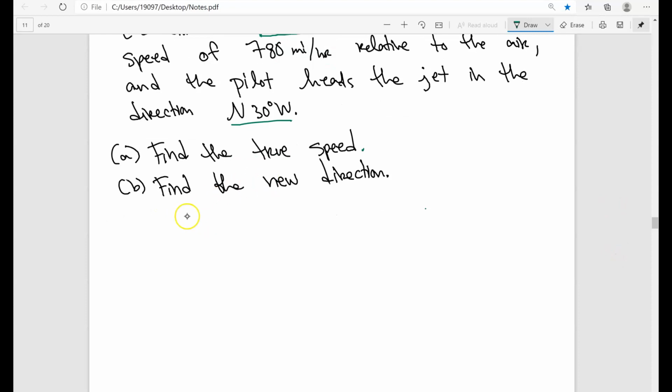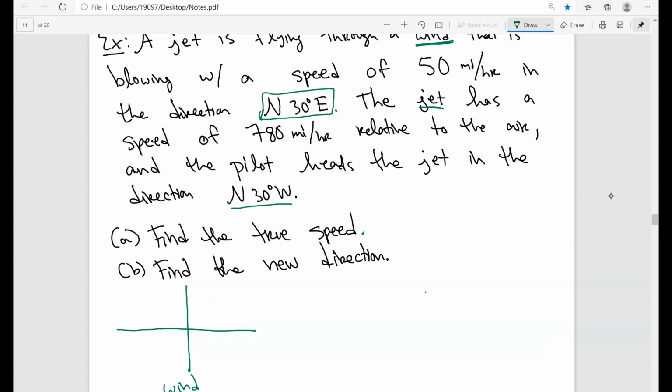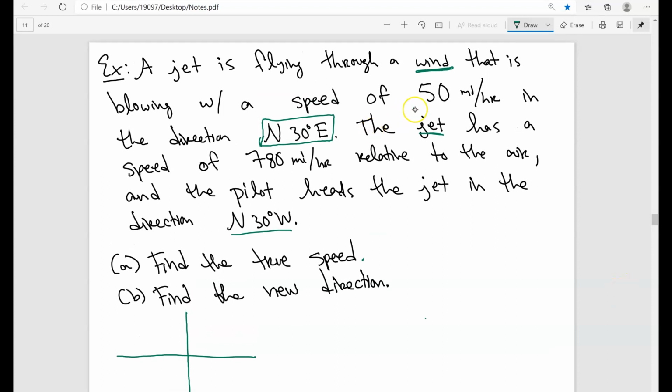Before we even do the problem, let's look at the wind. This one is going to be for wind. What it's saying is that the wind is blowing with a speed of 50 miles per hour. You can think about this as the magnitude, because remember, velocity is the unit of magnitude. So it's telling you the size of the vector. The vector is going in the northeast direction with a 30-degree bearing.